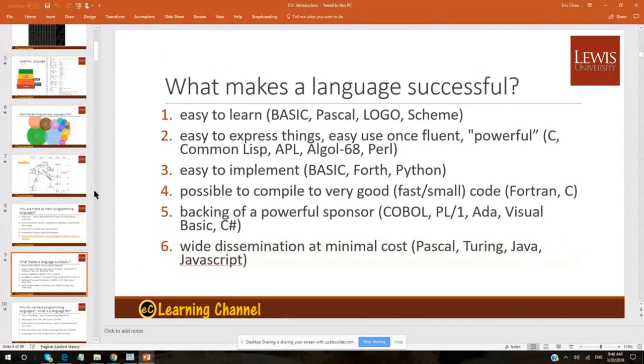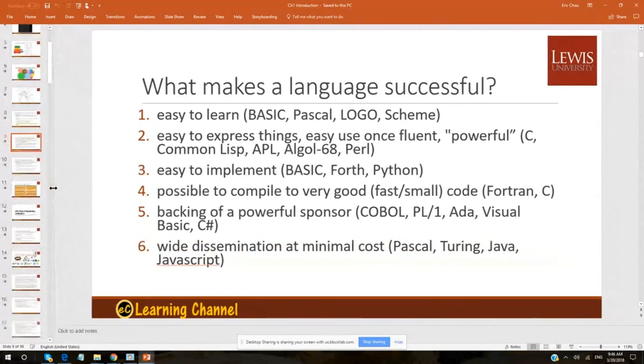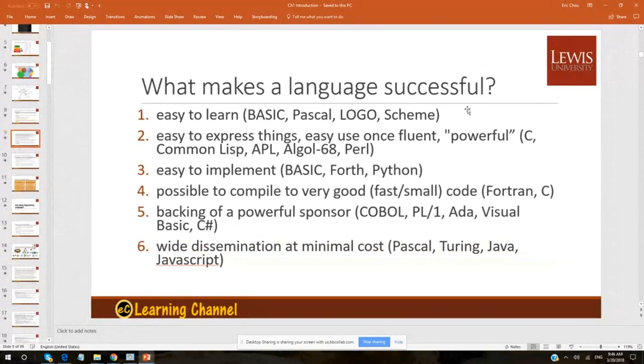The next one: what makes languages successful? One important factor is that the language must be easy to learn. If the language is so hard to comprehend, then very few programmers will be able to learn it. So making things easy is one factor, very important to make a language useful.